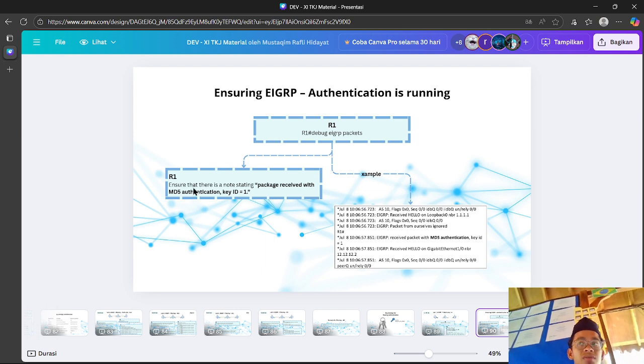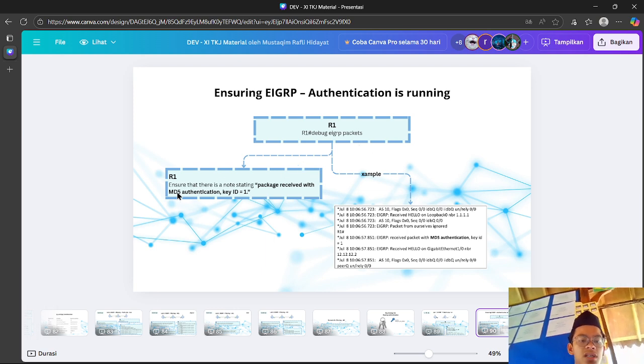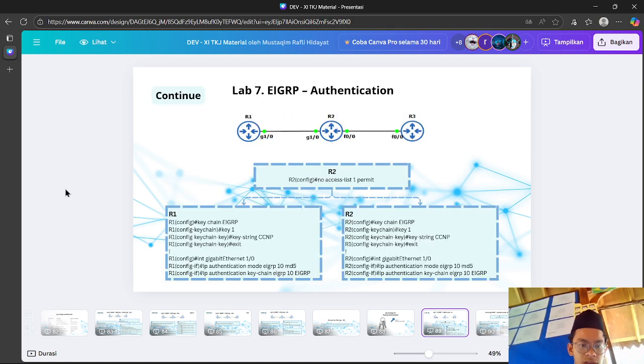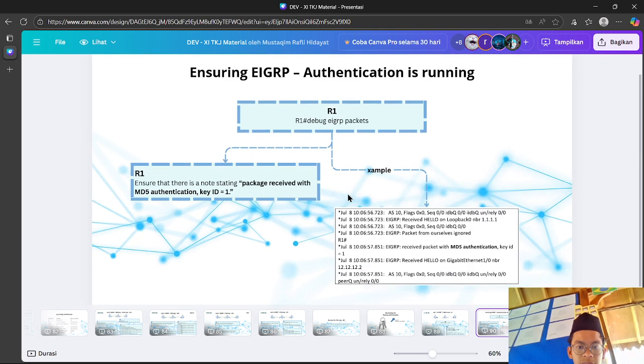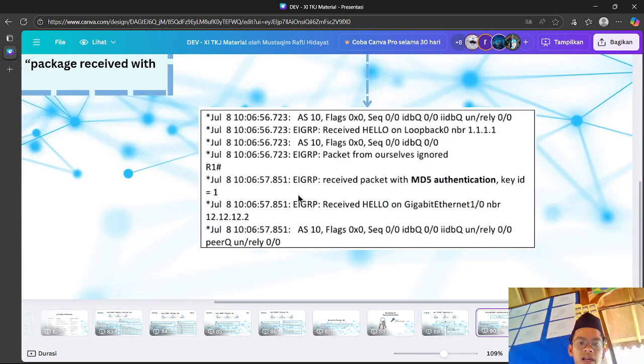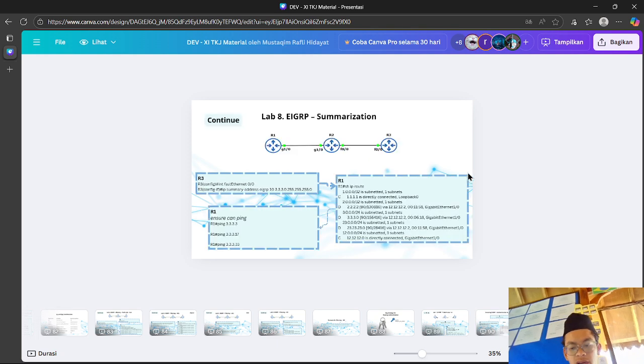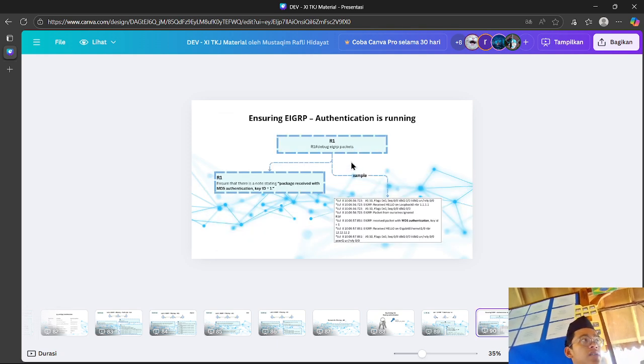You can see it is the same. Then to see whether EIGRP authentication is running or not, we write debug eigrp packets in router 2. Then in router 1, when you run debug eigrp packets, the router shows that it received packets with MD5 authentication key ID 1. This is the key ID. The packets received with MD5 authentication key ID 1 show it is complete. That is the configuration and my explanation about lab 7.